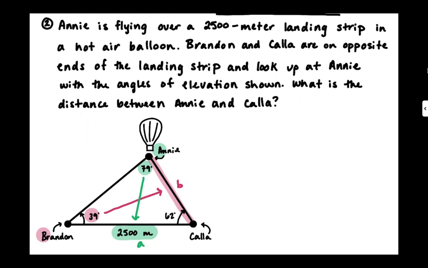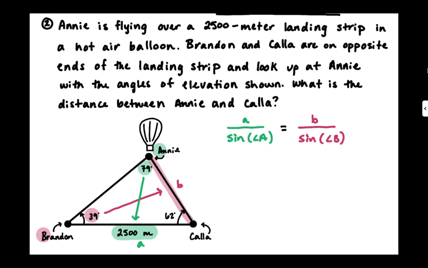All right, so now we can write a law of sines equation. Little a divided by sine of angle Annie is equal to little b divided by the sine of angle Brandon. That's just law of sines, and now we're in territory that we're really familiar with.